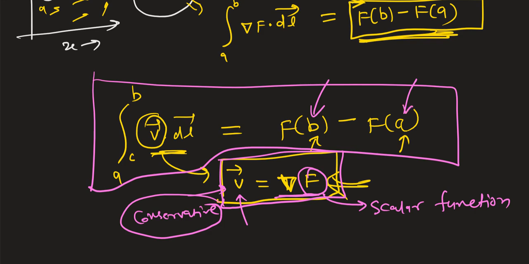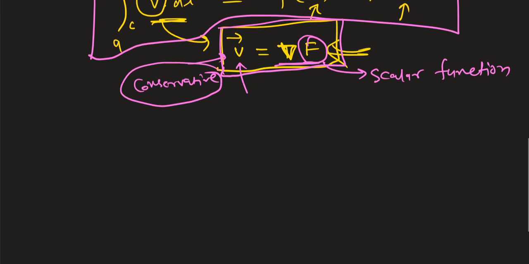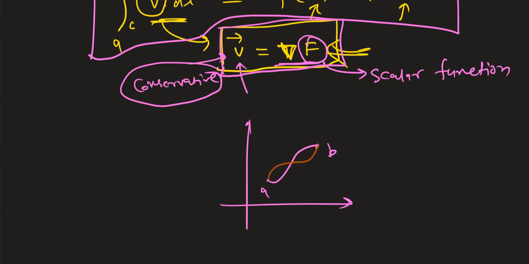Let me again write. If you are going from point A to point B in this manner, it does not matter. Only the values at the endpoints matter for us.